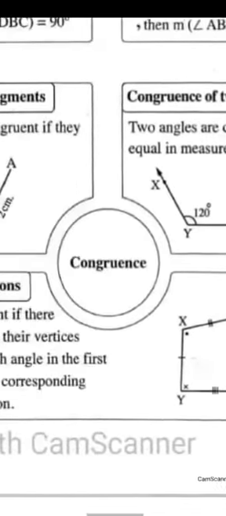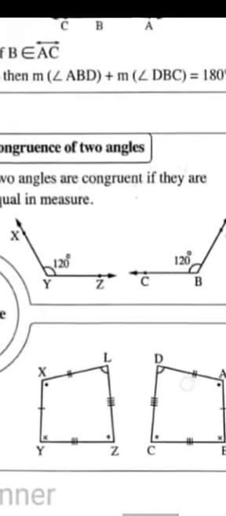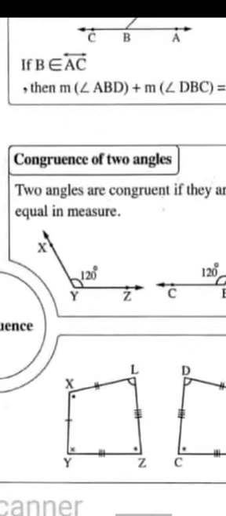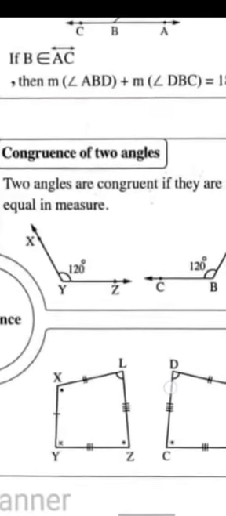And when can we say the two angles are congruent? The two angles are congruent if they are equal in measure.